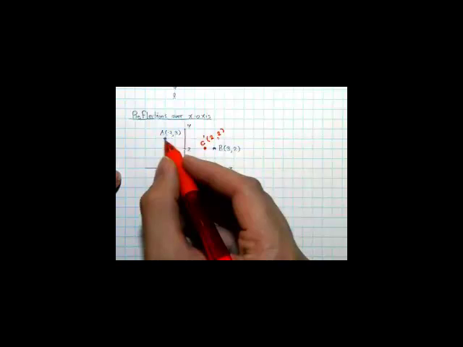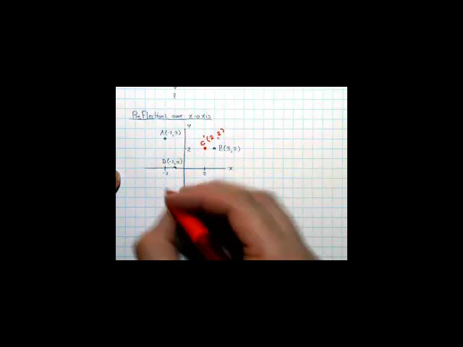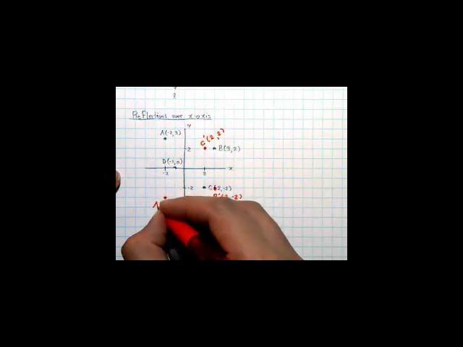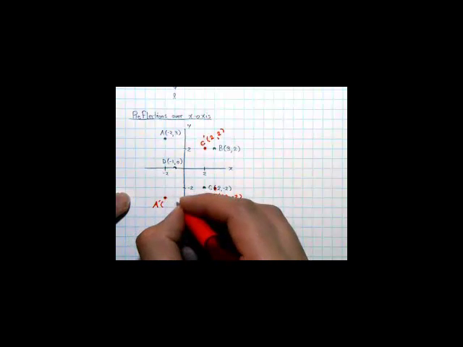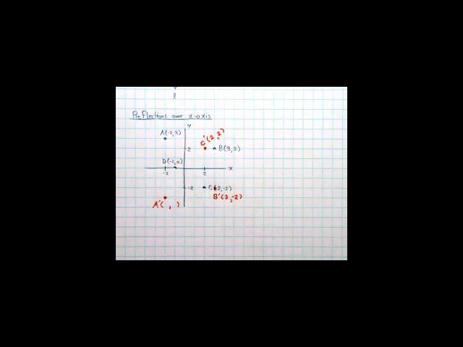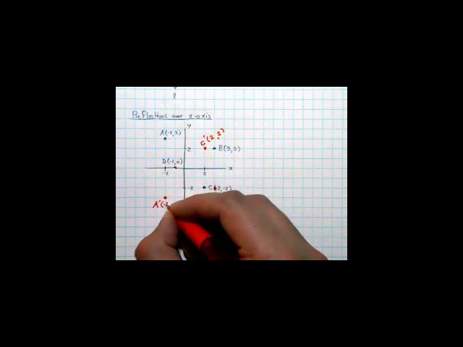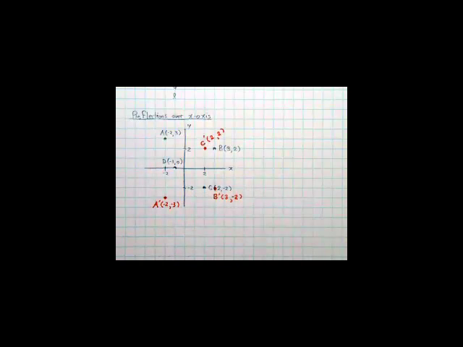Okay, and so A prime would be 1, 2, 3 down here. What do you notice about the coordinates of A prime? What should those be? Negative 2, negative 3. And what about D? It doesn't move, right?